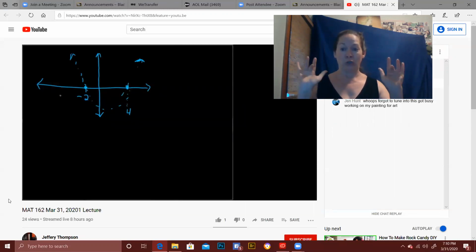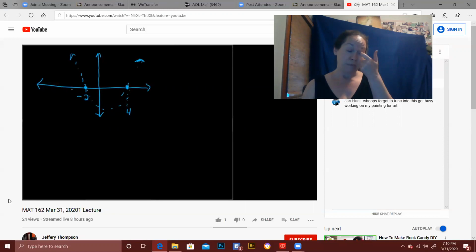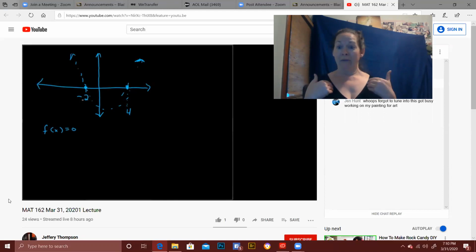Well, crossing the x-axis meant that f of x equals 0. So what happens here is I have something where if I put in -2 for x, I get 0, and if I put in 4 for x, I get 0.